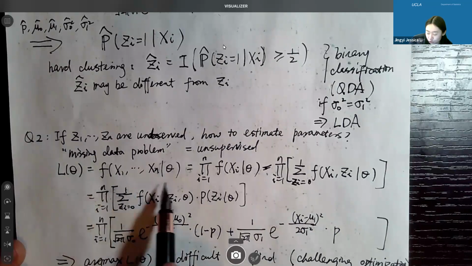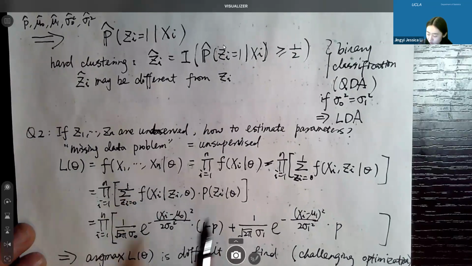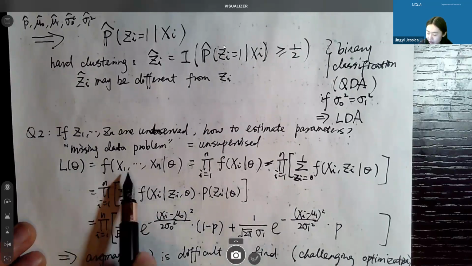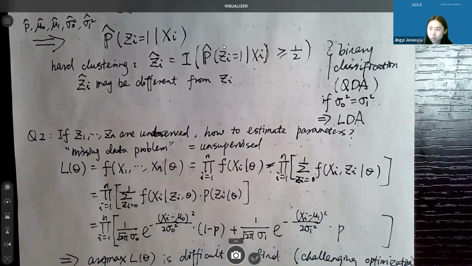So how do we obtain this joint density of x1 to xn only? We could still start with the joint density of x1 to xn and z1 to zn. But we can integrate out the zi's, z1 to zn. So we are left with a marginal density, the density of x1 to xn.